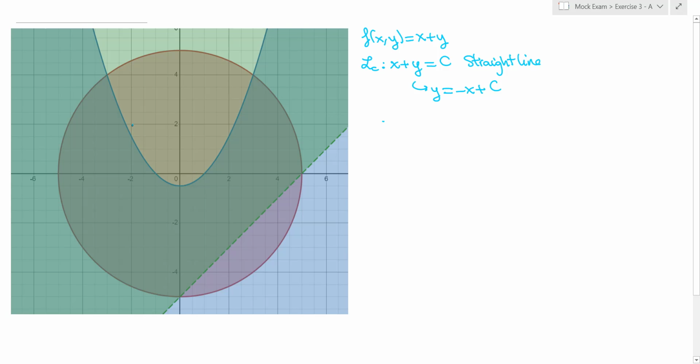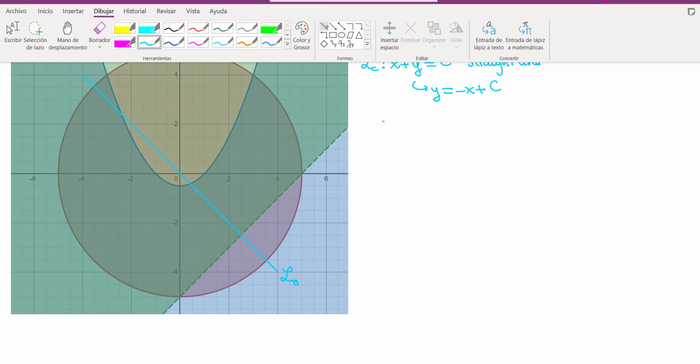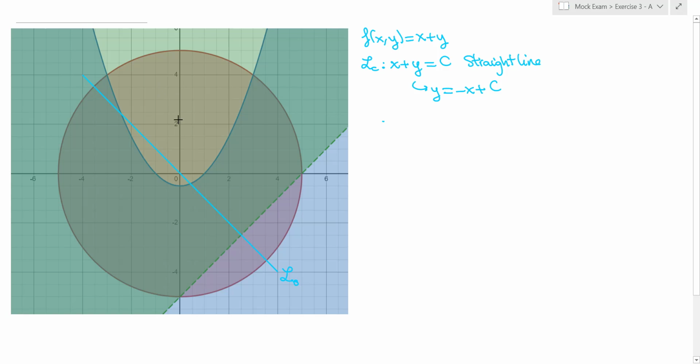So for the first one, we can draw the curve. Well, we could do better. Let's see if we can do something with the straight lines. Maybe better this way. So the one that goes through here, this is the level curve of value 0. Now we can do it again. The one that goes, for instance, through here.